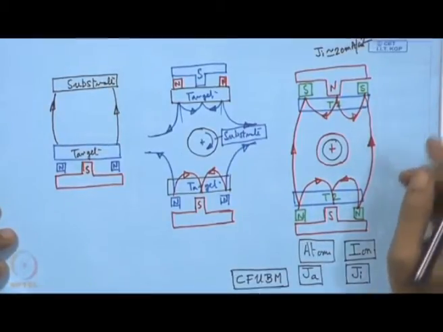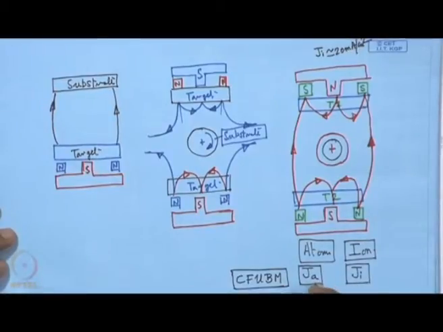So, what we find is that Ja and Ji both are important, and along with Ja one has to also pay attention to Ji, that means the ion flux density, because this ion flux arriving on the surface of the coating on the substrate, this ion flux impingement will actually modify the structure according to the need of functional requirement.